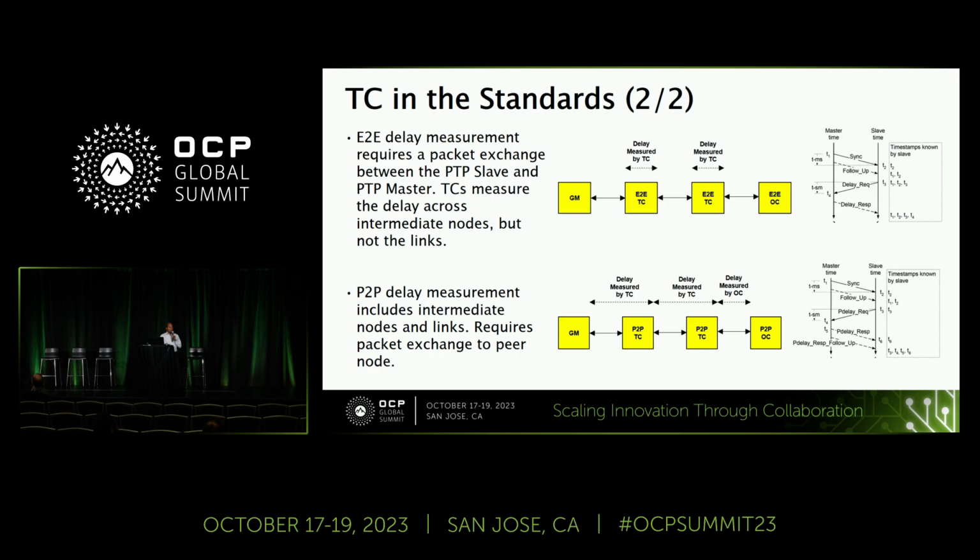Whereas with the peer-to-peer delay, it is not only the switch residence time, but it also includes the link delay time. So that's the difference with peer-to-peer. Also, it requires the exchange with the next peer node, not necessarily between the grandmaster and the end node. So in that sense, peer-to-peer scales better than the end-to-end transparent clock.